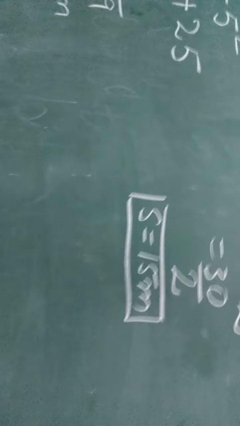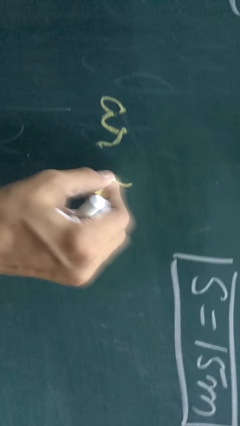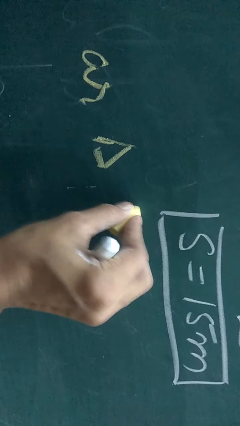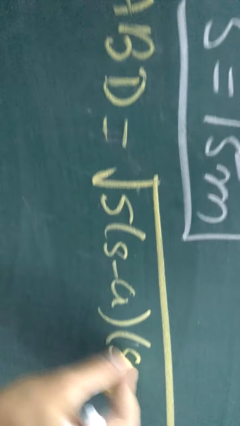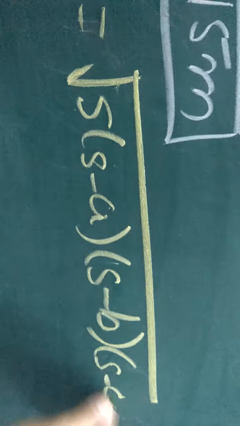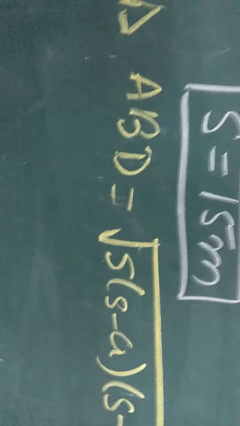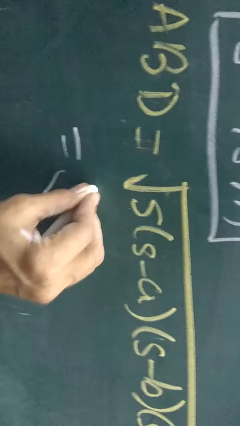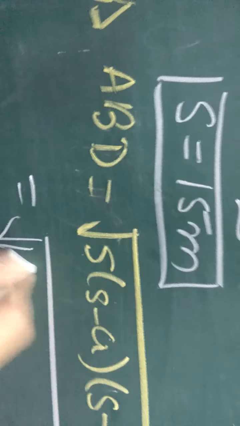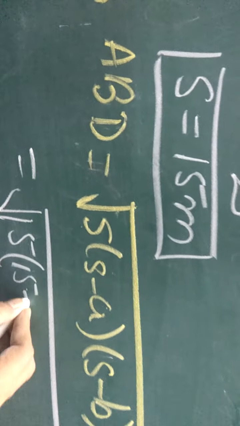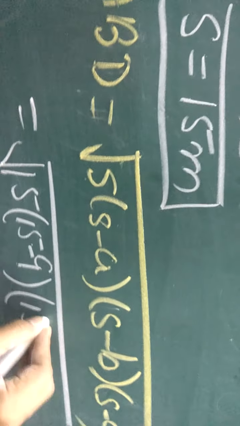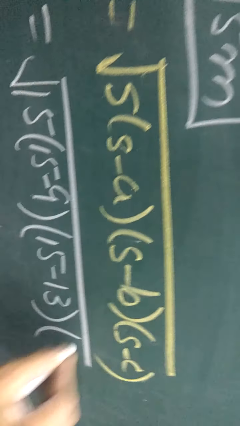Now by using Heron's formula, we'll calculate the area of triangle ABD. What is the formula? Square root of S into S minus A into S minus B into S minus C. So let us put the values. S is 15 into 15 minus 9, 15 minus 13 and 15 minus 8.